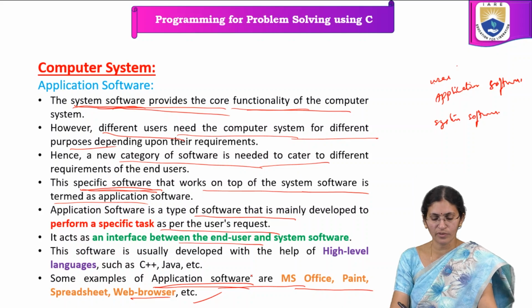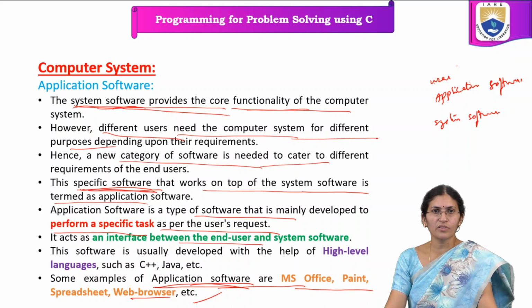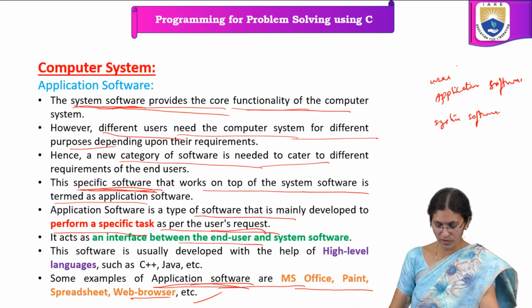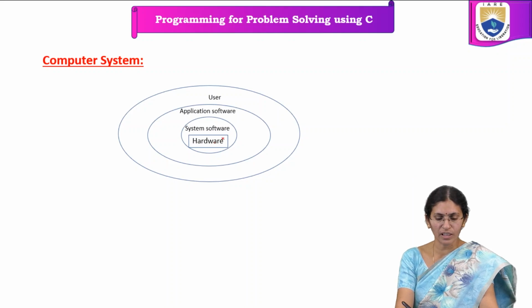Application software is a specific purpose software, which is written to cater to the needs of specific users or as per the user requirement. In this way, you can interpret the relation between the user and the hardware. From this diagram, hardware is the device which we can touch or feel.